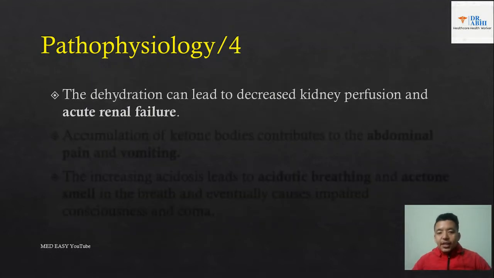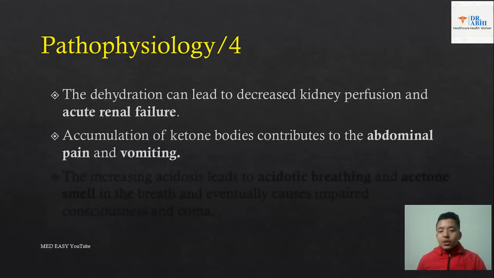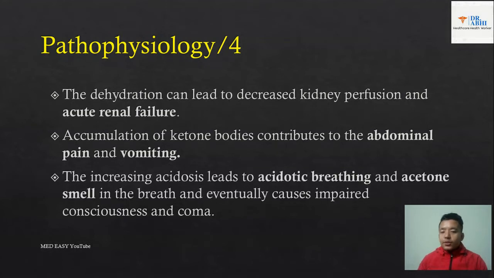The dehydration can lead to decreased kidney perfusion and acute renal failure. Accumulation of ketone bodies contributes to the abdominal pain and vomiting. There is increased acidosis leading to acidotic breathing and an acetone smell in the breath, which eventually causes impaired consciousness and coma.